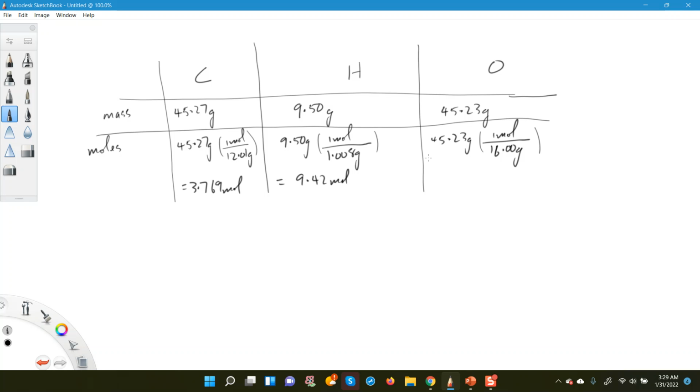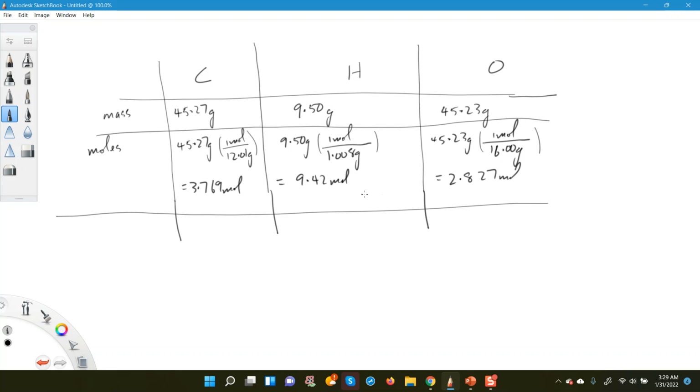And in the case of oxygen, we take 45.23 divided by 16, and rounded off to 4 sig figs, this gives 2.827 moles.